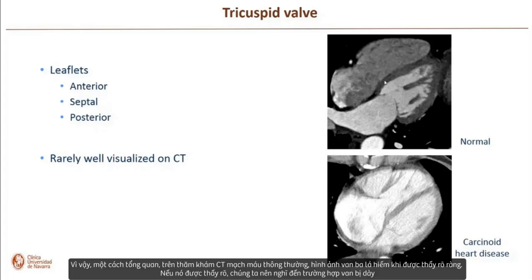So a trick is that in conventional CT angiography, the tricuspid valve is very rarely well seen. If we see it well, like in this case, we need to think that it could be thickened.